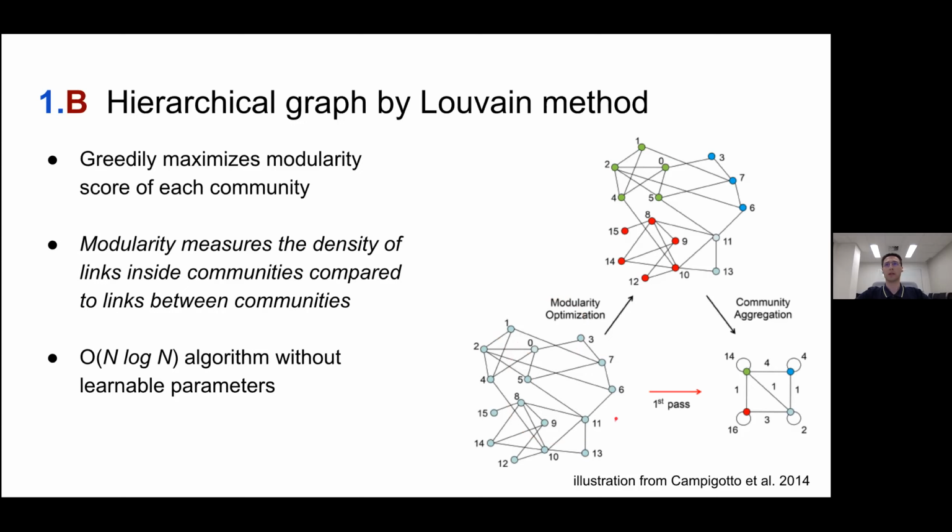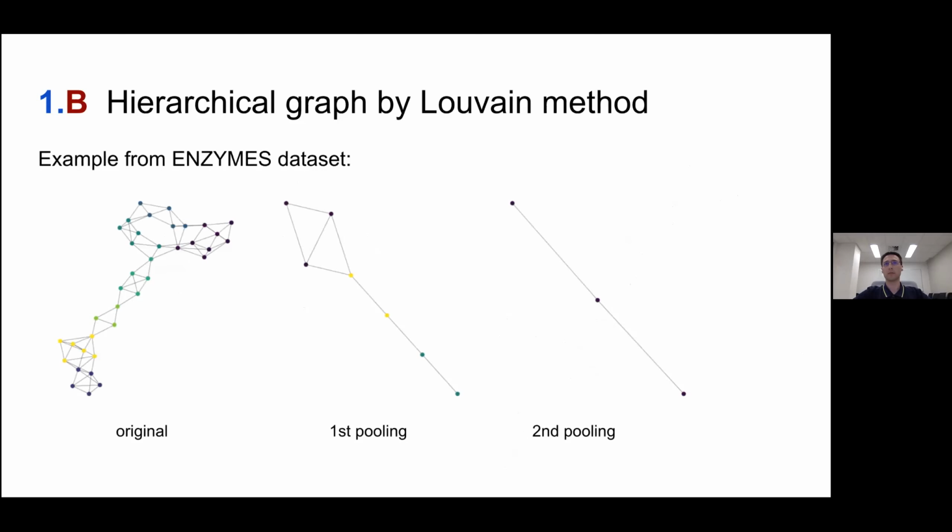Again, here's the visualization. It yields a clustering, and we pool those clusters into nodes on the next layer, and we typically use average pooling. So we just compute the average of the node features, and then compute the induced graph, and that is the next coarser view of the graph.